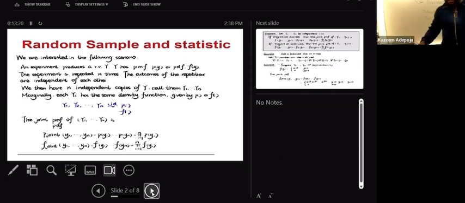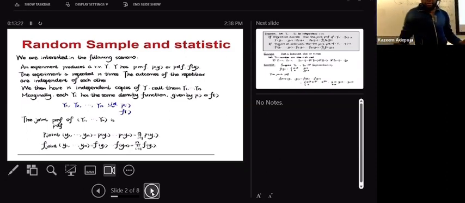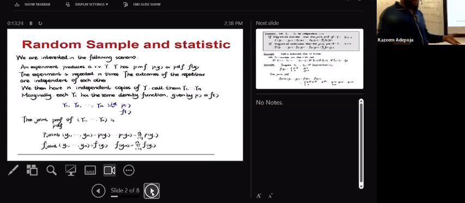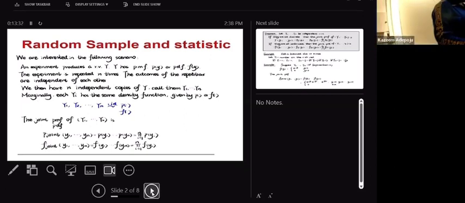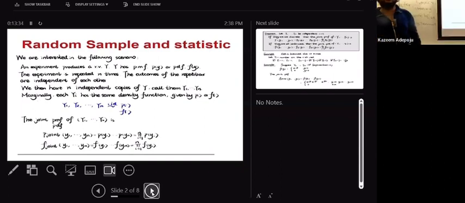Now take a look at this. We are interested in the following scenario now. We have an experiment that produces a random variable y. This is an experiment. I have a random variable y, y1, y2 up to yn. And let me tell you this. Every random variable has a probability distribution. What do I mean by that?